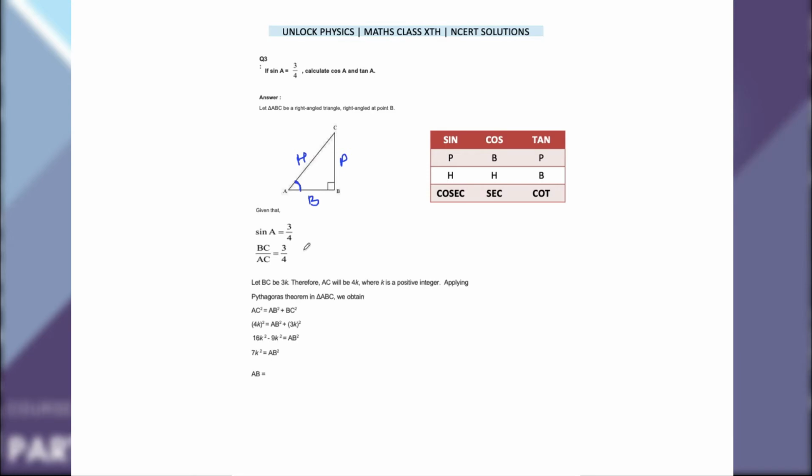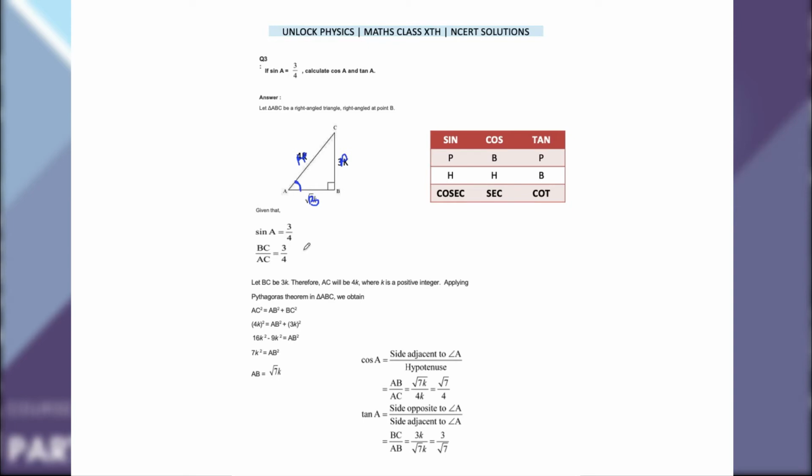Let BC be 3k, multiplying by k. Therefore AC will be 4k, where k is a positive integer. Applying Pythagoras theorem in triangle ABC, we obtain AC squared is equal to AB squared plus BC squared, which gives 16k squared minus 9k squared, and we finally compute AB to be root 7 k.